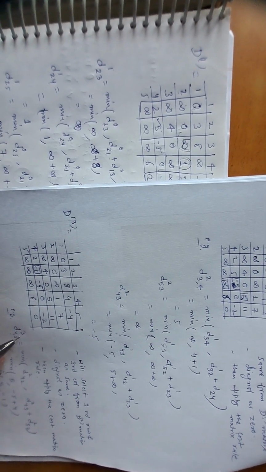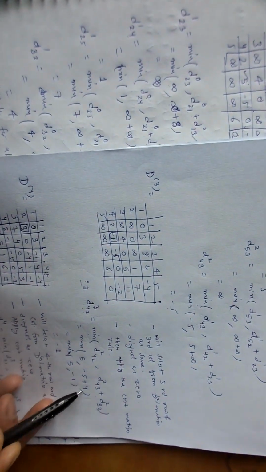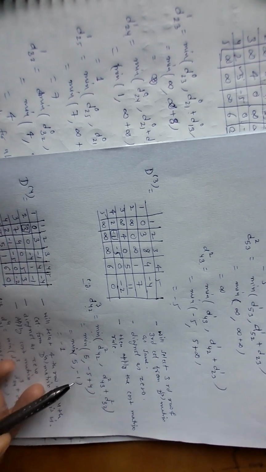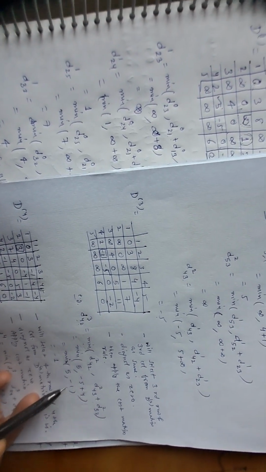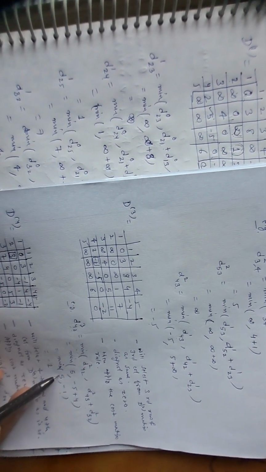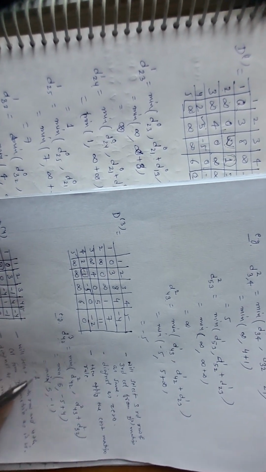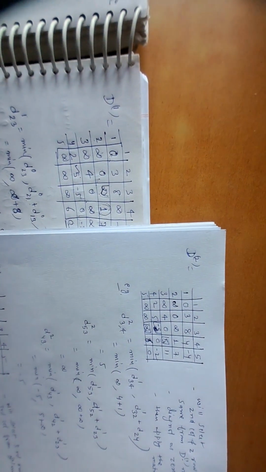So 4 comma 3 plus 3 comma 2. You got minus 5, and you added 4, so you got a better path here. So the earlier value in D2 was 5 at 4 comma 2, but in D3 you updated it to minus 1. So this is the answer. In the same way you can update the other values in D3.